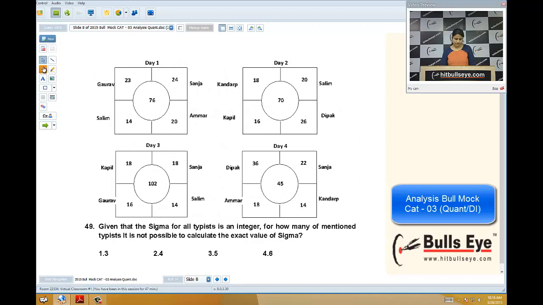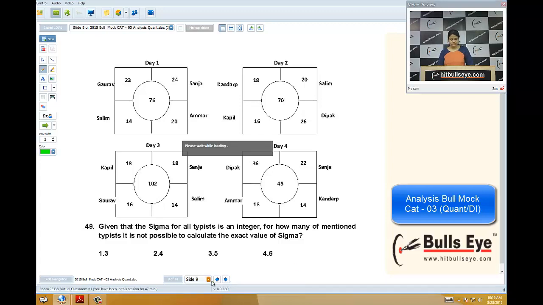Yeah, it was a calculative set, and the main part was there were only 2 questions. Yeah, any problem in this? 49th and 50, there were 2 questions. Yeah, any problem in this?